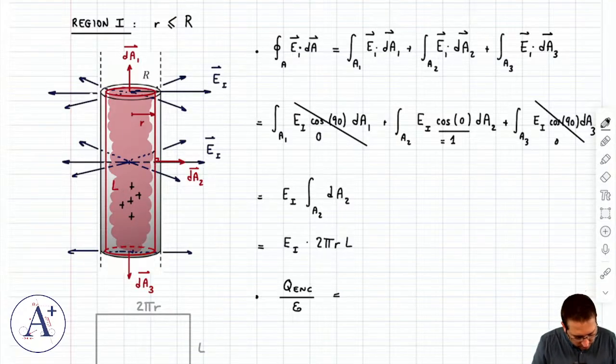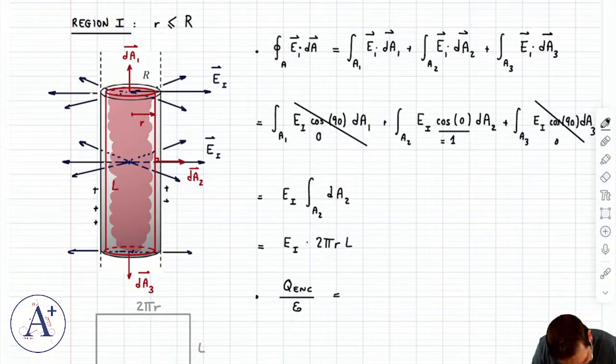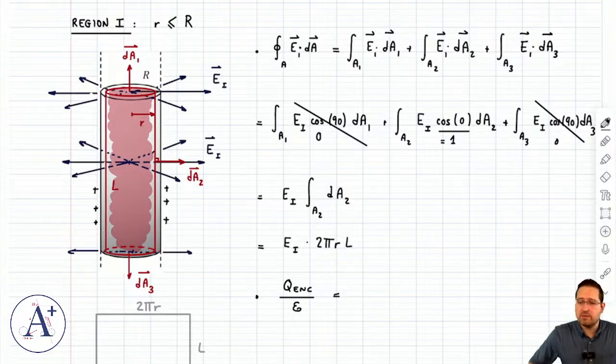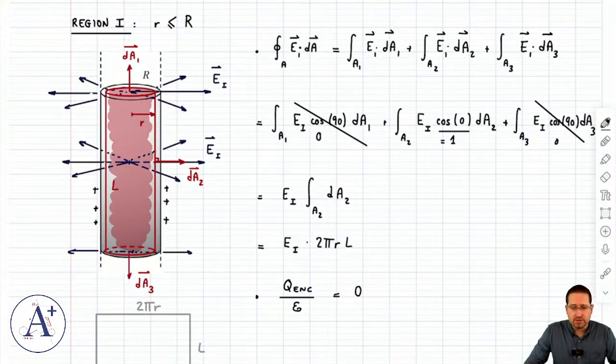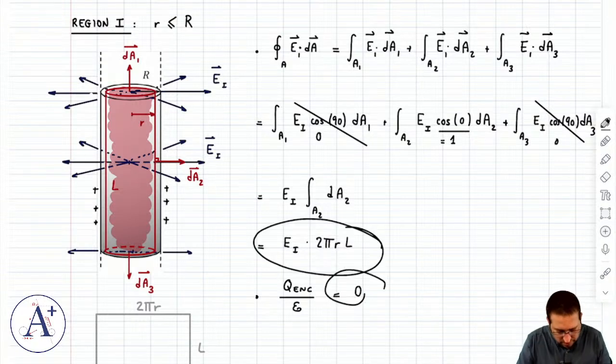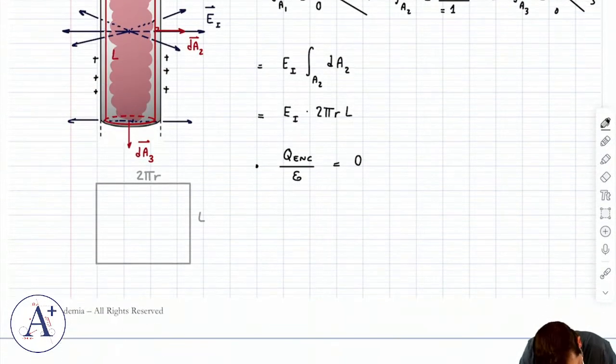So in other words, they're going to move from the center to the outer surface. Well, guess what? My Gaussian cylinder does not enclose the outer surface. Therefore, it encloses none of the charge, and this is 0. By Gauss's law, if I equate this to this, I'm going to get E1 is equal to 0.